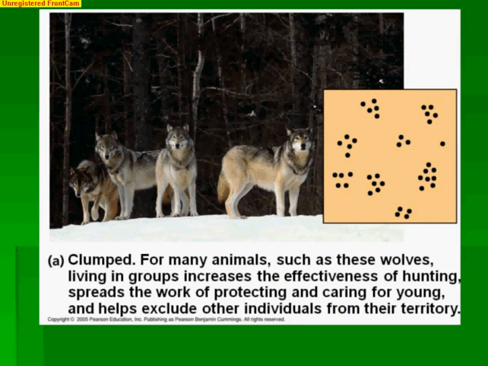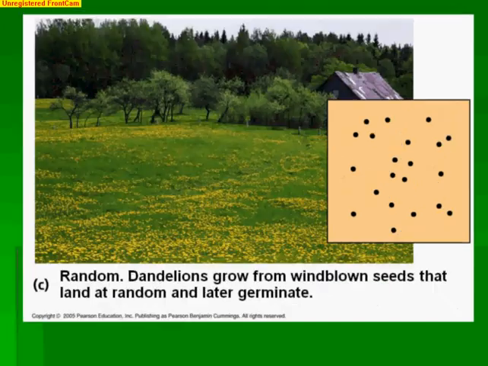Schools of fish, don't rule out the aquatic ecosystems, probably the most common form amongst animals. Random distribution, commonly seen amongst plants, especially those whose seeds are windblown. Wherever the seed lands is where the plant grows. So a very random distribution of individuals within the population.